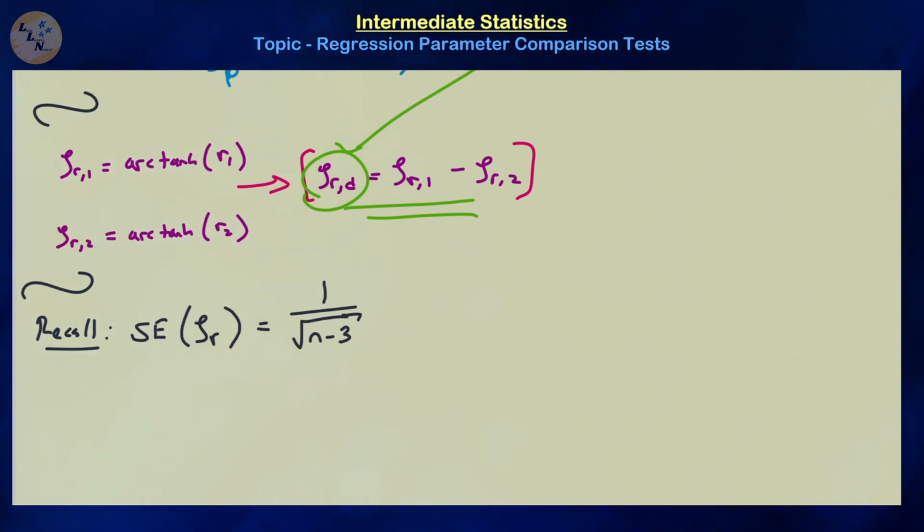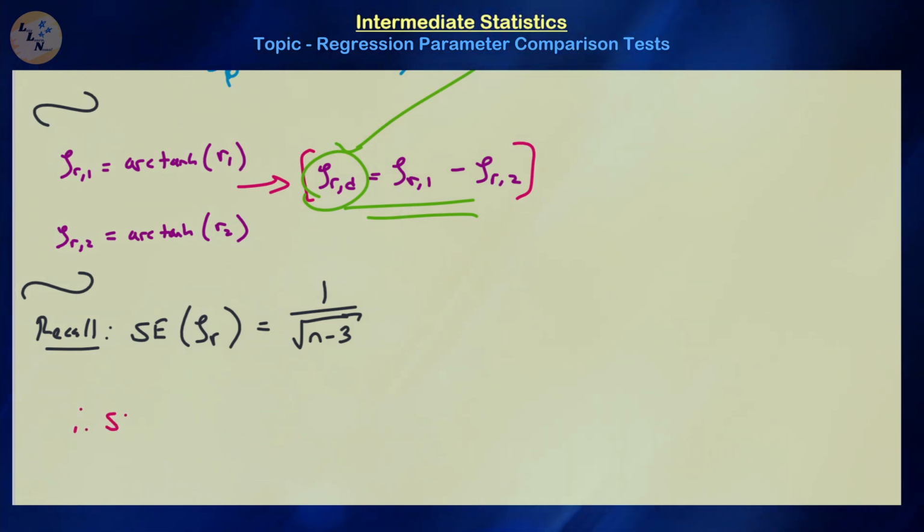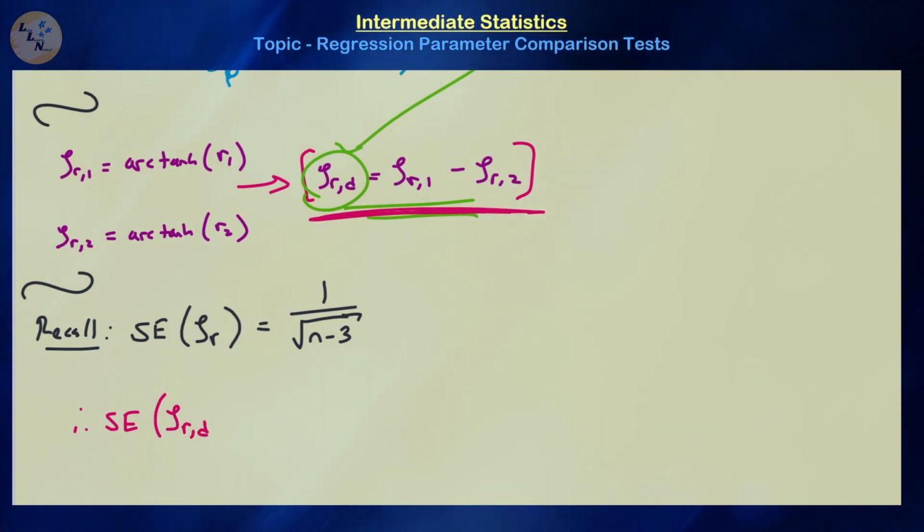Now remember, this is heavily dependent on extremely large sample sizes and bivariate normality of the sample that we are sampling from. So if that is the standard error of zeta r, you may want to pause this video and take a guess. What would the standard error of the difference in correlation coefficients be? Let's assume again that these two populations are independent of one another.